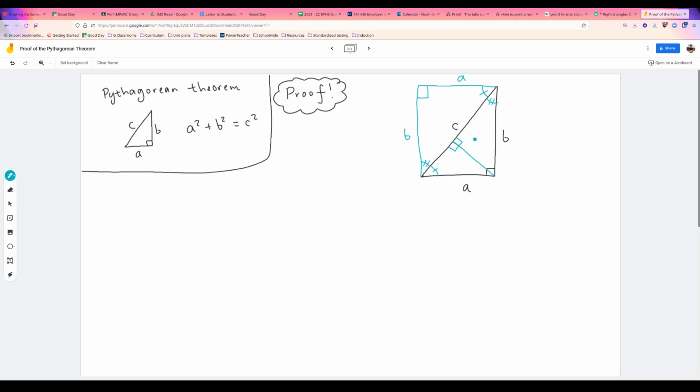So given that, let's come up with variables for the areas of these guys. We'll call the area of this triangle down here area A. This triangle over here with the B side as its hypotenuse, we'll call that area capital B.